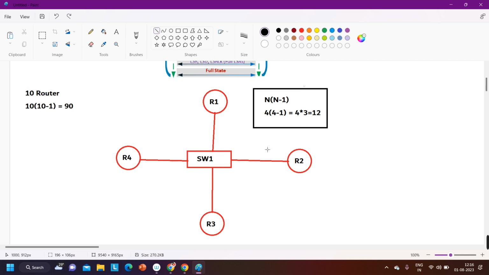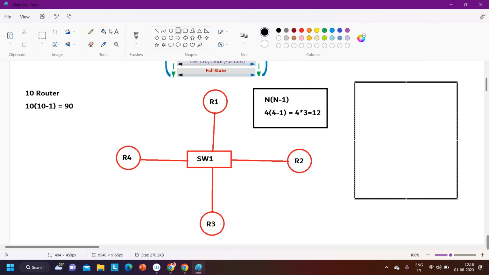Let's understand with a real-time example. Let's say this is a classroom. In this classroom there are 40 students. This is the door of your classroom. Let's say teachers or students are coming into the classroom from here.